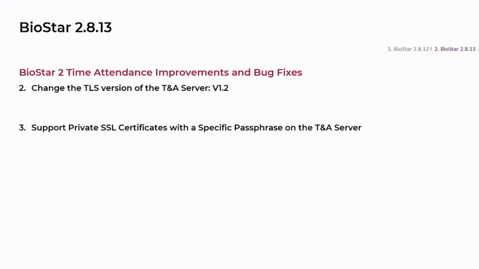In the previous version, when private SSL certificates using a specific passphrase were applied, there was an issue where the TA server could not operate normally, even if the certificates were issued and applied correctly.